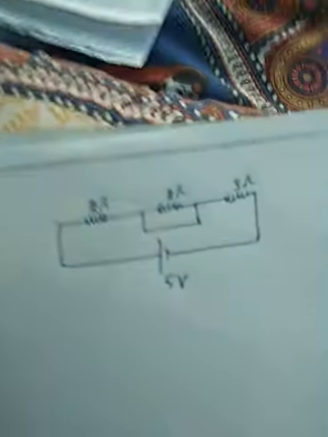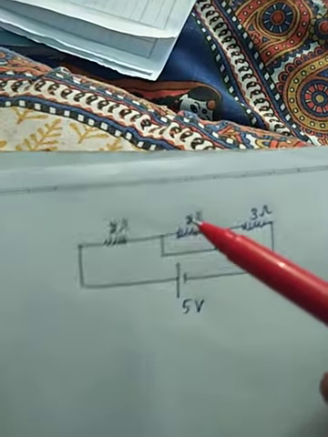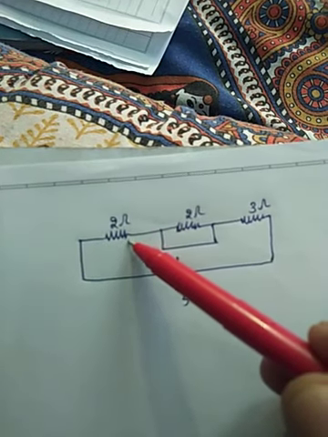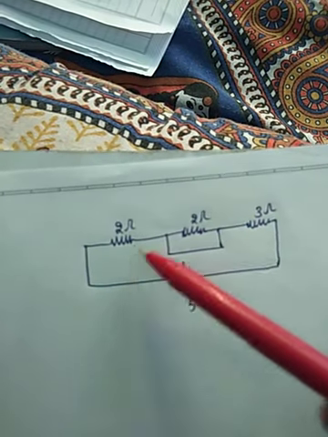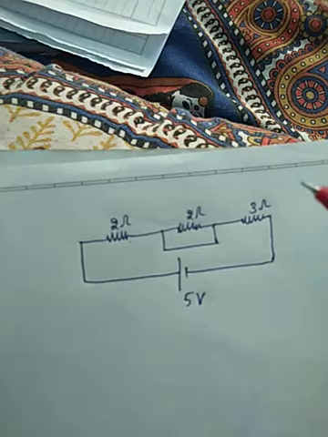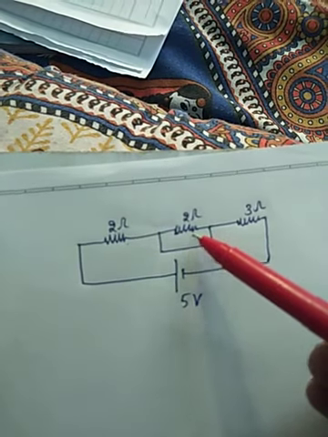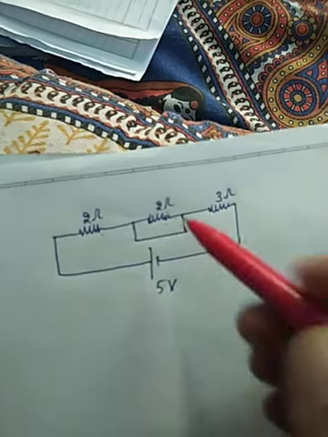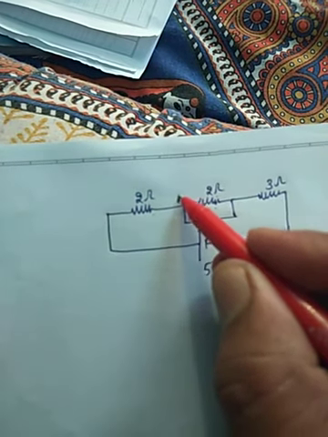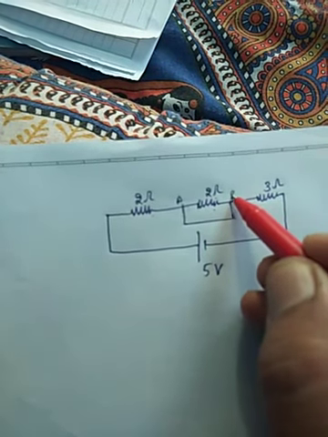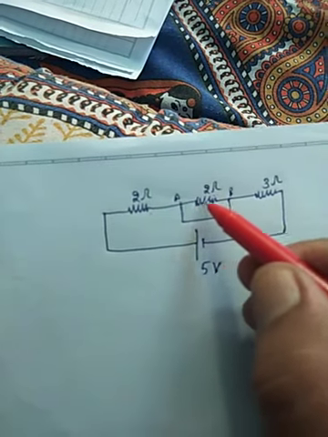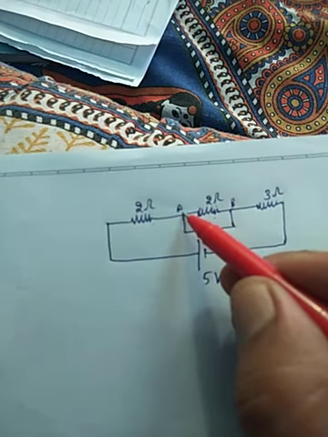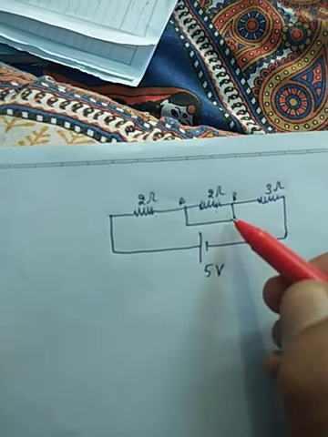Now the last example I will give you on series and parallel. You can see there are three resistors, 2 ohm, 2 ohm, 3 ohm. But in this connection, this resistor is short circuited. It means if the potential here is A, here B, from this side if we see, from this side there is no drop of potential.